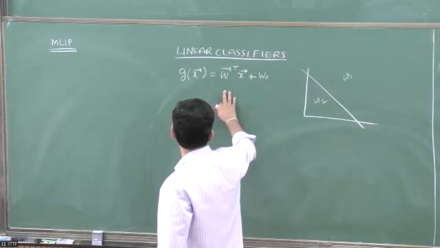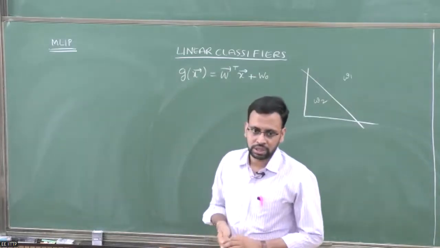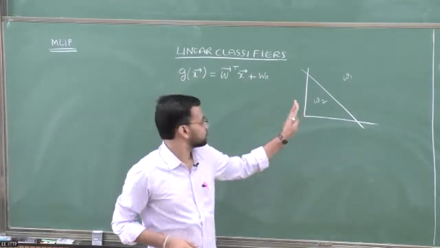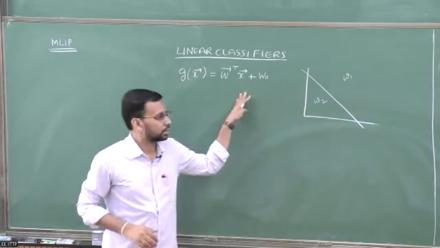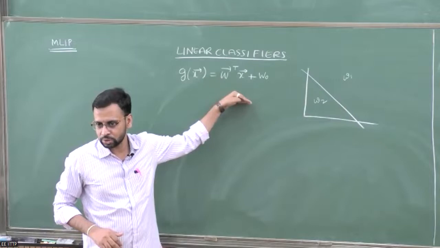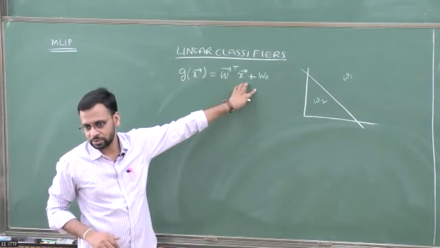Now, if you look at the subsequent mathematics, there is one mathematical hack or trick that people typically do, and we will also do, which is to write it as simply a linear system. What does that mean?